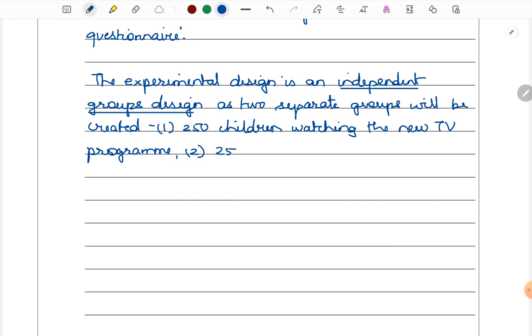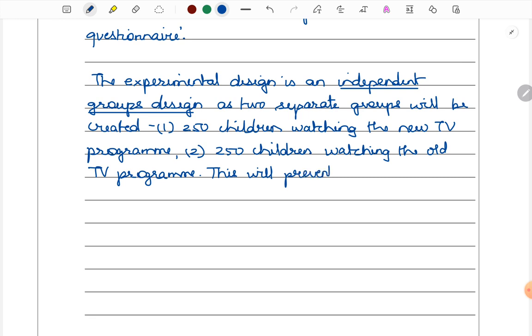Two, 250 children watching the old TV program. This will prevent order effects such as fatigue from occurring.